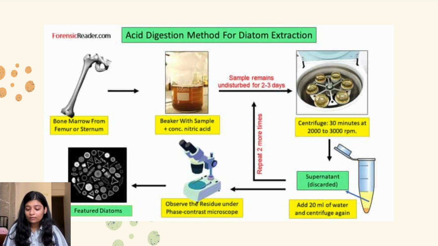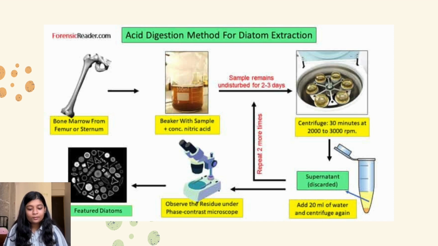Talking about the acid digestion, there are two types of acid digestion, that can be nitric acid or sulfuric acid. Let's take an example of nitric acid extraction, where what we do here is, we'll take the bone marrow from the femur or the sternum, and we'll keep this sample in a beaker with concentrated nitric acid in it.